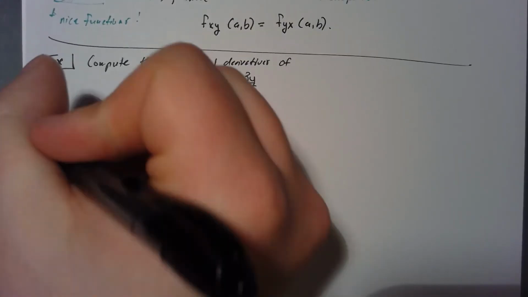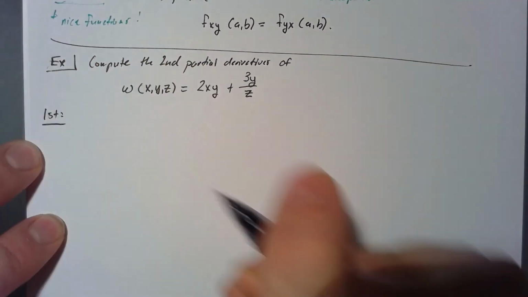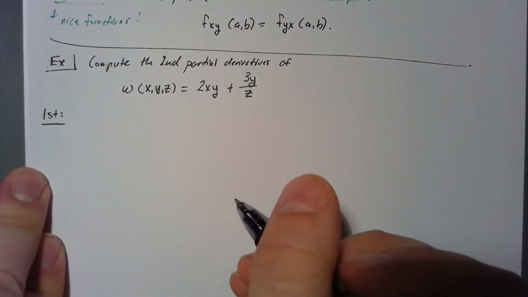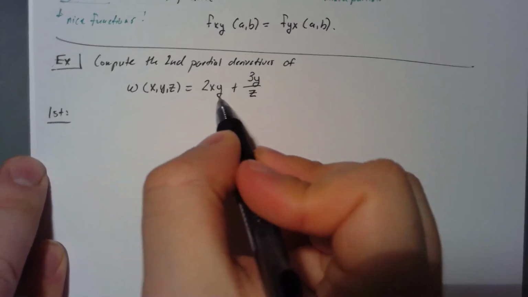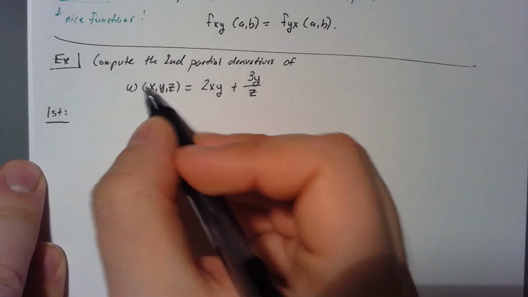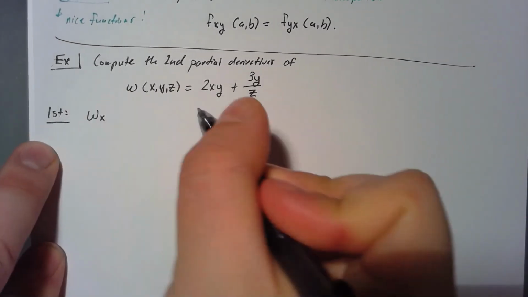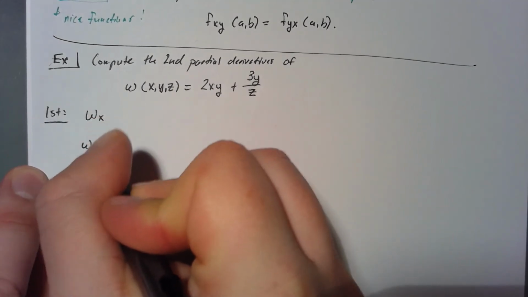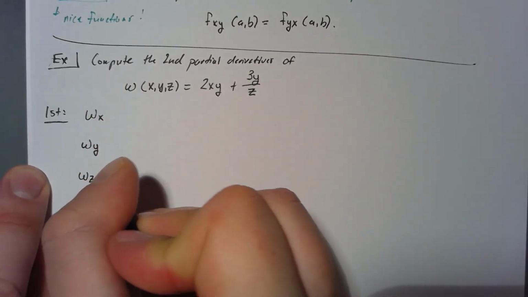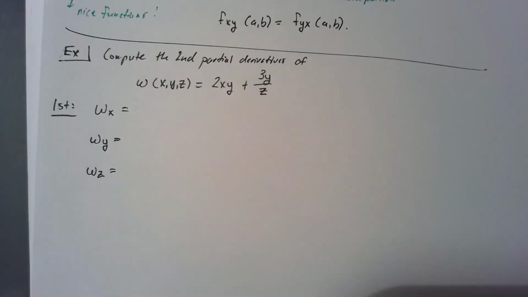So the first derivatives are going to be, I'll just use subscript notation to make this easier. So this will be the partial with respect to x, the partial with respect to y, and the partial with respect to z.